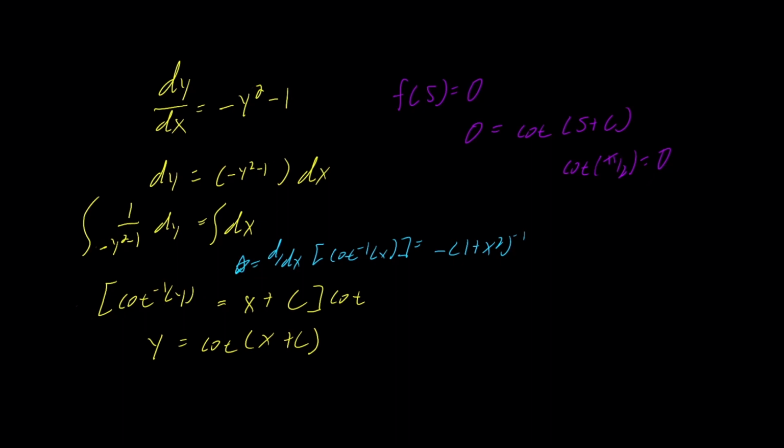And there we go. So with that out of the way, 5 plus c has to somehow equal pi over 2. And from there we can solve for c, such that c is equal to pi over 2 minus 5.